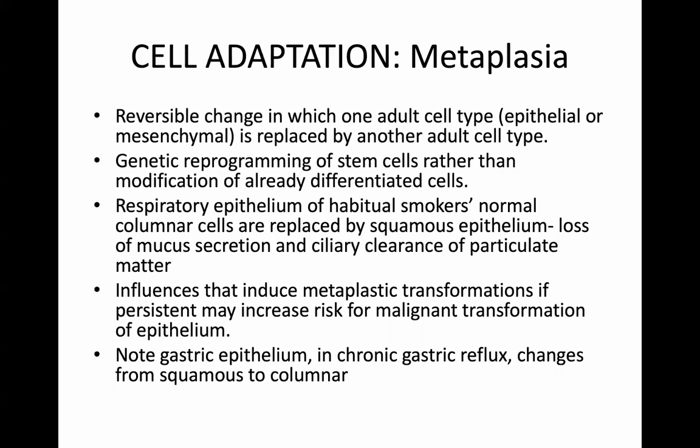So the phlegm accumulates and becomes thicker in the smoker's throat, and then they have to clear their throat often. Okay, that happens often to smokers because of the loss of the ciliated columnar cells that are replaced by the squamous cells.